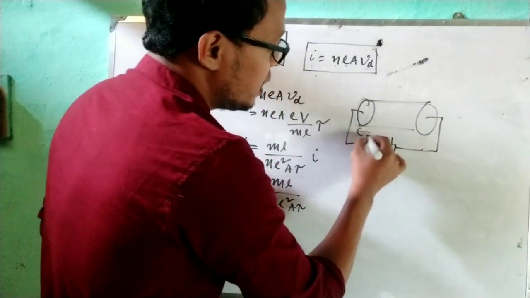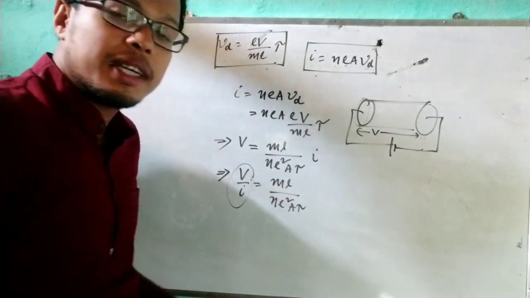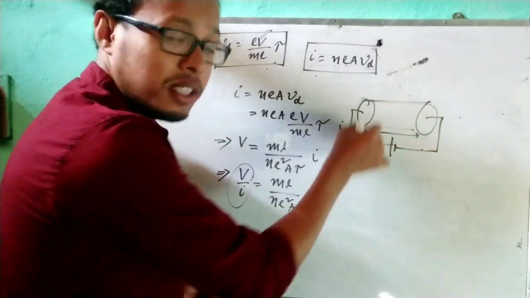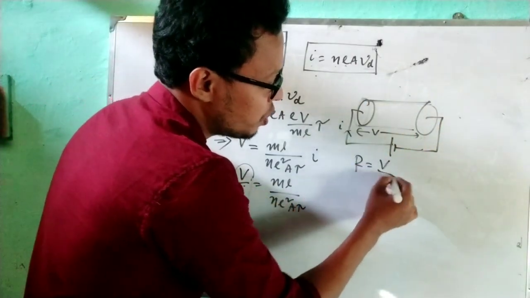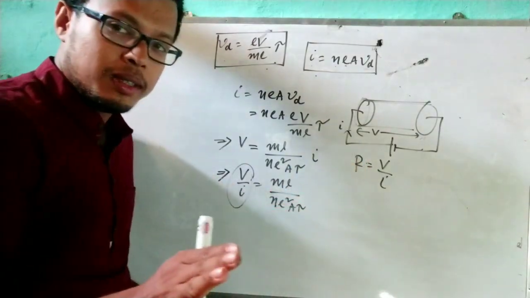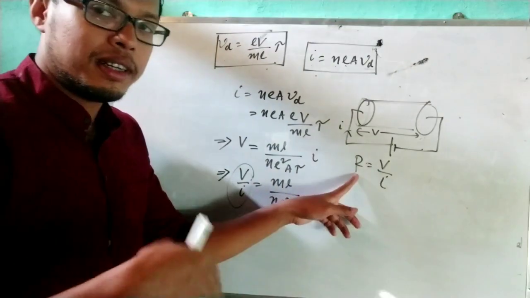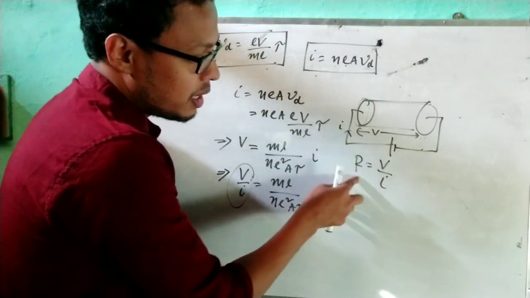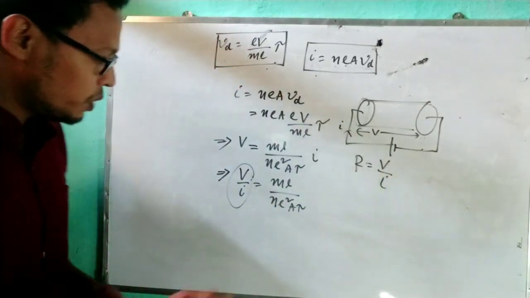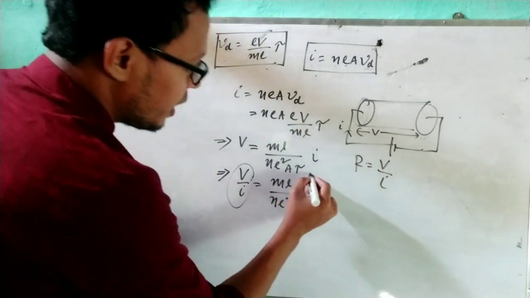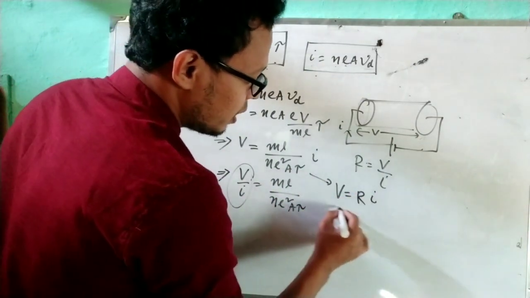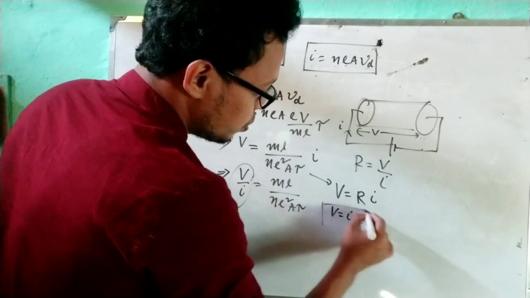If the potential difference across the conductor is V and the current flowing is I, then we can say the resistance of this conductor R equals the ratio of V upon I. This ratio R is constant. This depends on some factors that I will discuss later. So we can write V equals some constant R into I, or V equals IR, which is Ohm's law.